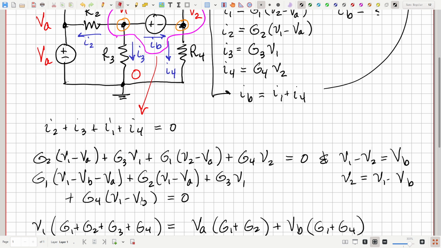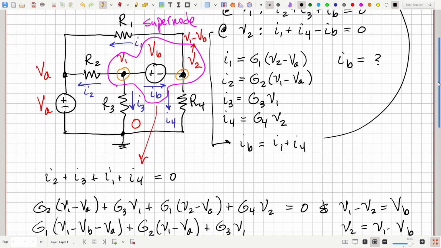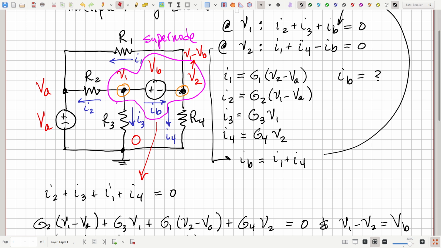V1 minus VB. Right, so it just saves us the algebra to do all these steps here. They're just built into this idea of the supernode. So we just create a new node that totally encircles the two essential nodes that are connected to the voltage source. And that cuts out the current through the voltage source from entering into the Kirchhoff's current law.